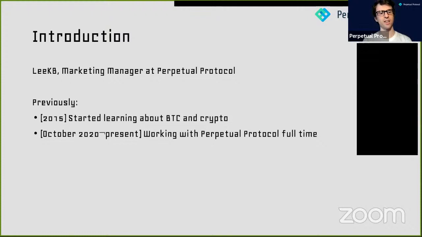And finally, after a lot of hard work, we launched our mainnet product in December 2020. Ever since then, we've been growing pretty quickly. We've exceeded $3 billion US in volume, and over 1 million trades have been made on our platform since December. So it's going pretty well, but we also have a lot of room to grow. We're really excited to have you all here for this quick overview.